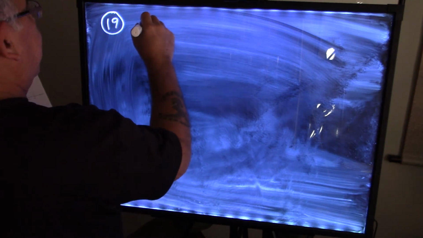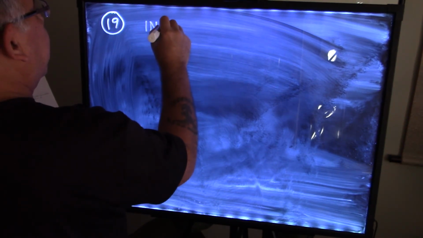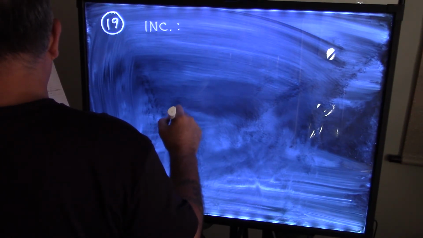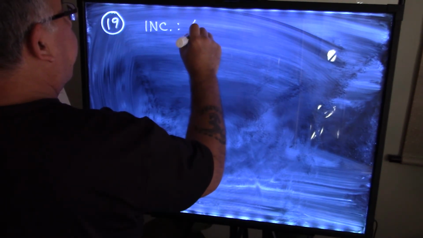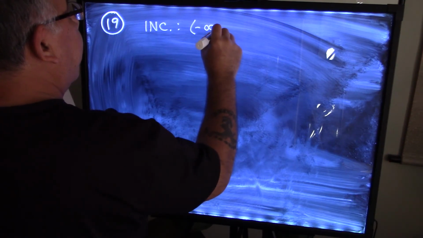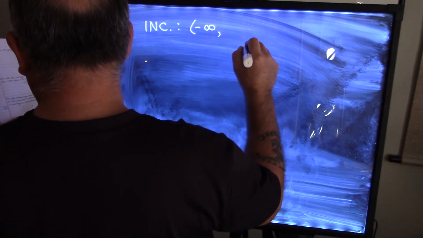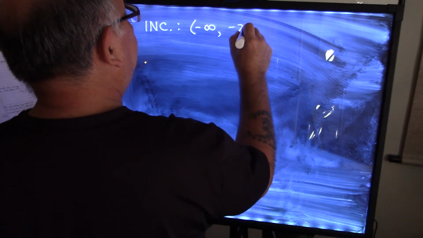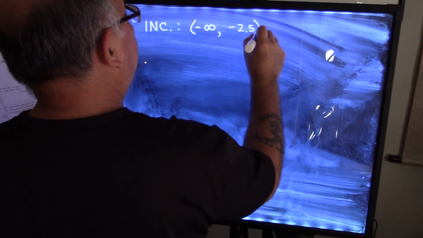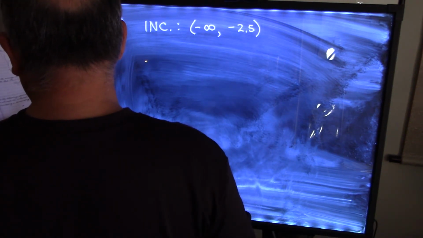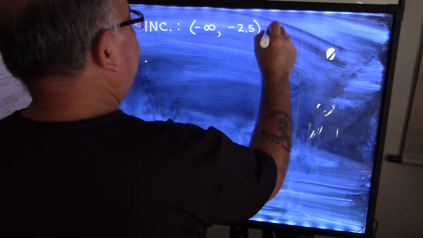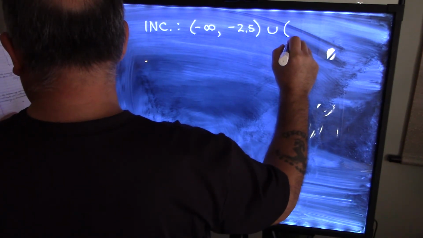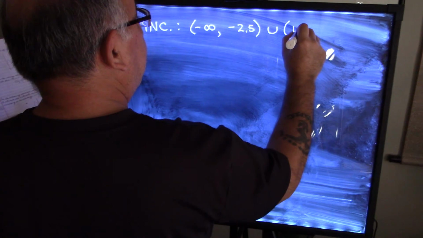All right, it's increasing from negative infinity to what I see as negative 2.5. It's also increasing from 1 to infinity, so you take the union of that with the interval from 1 to infinity.